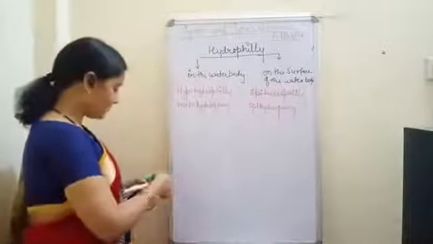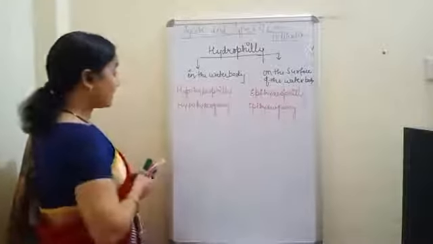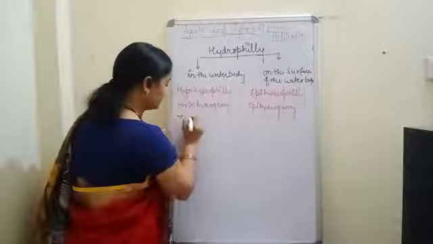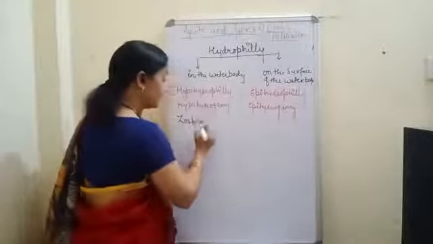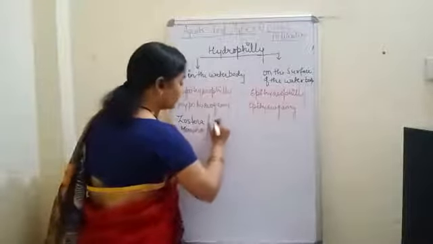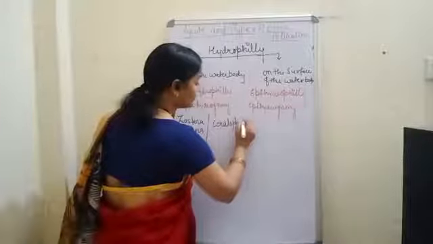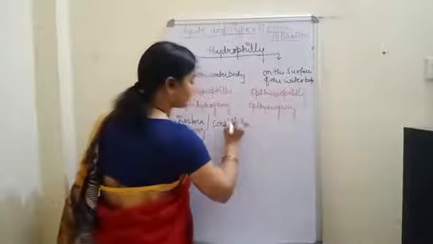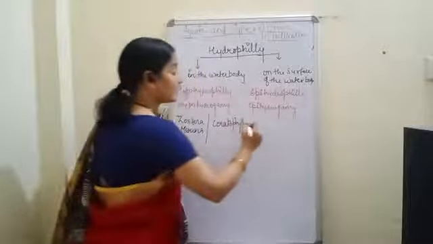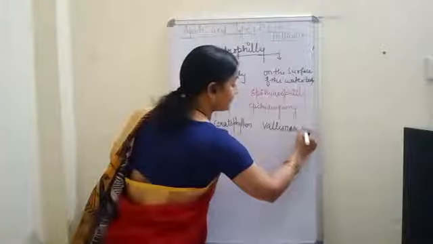The common examples in case of hypohydrogamy are Zostera marina and Ceratophyllum. And the common example in this case is Vallisneria.